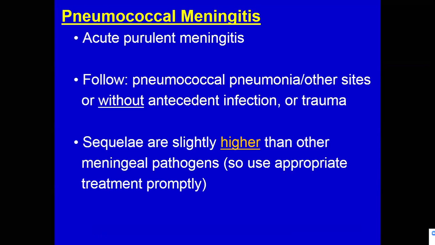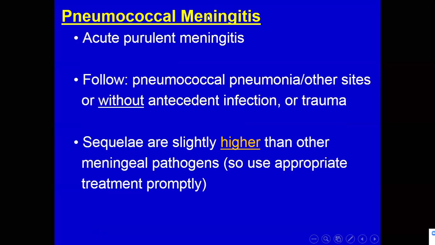It comes directly to the meninges from the site of infection. For example, it can come from a trauma. If there is a trauma to the skull, for example, or surgery in the base of the skull, surgery in the nose, and so forth, the pneumococci may enter into the meninges.